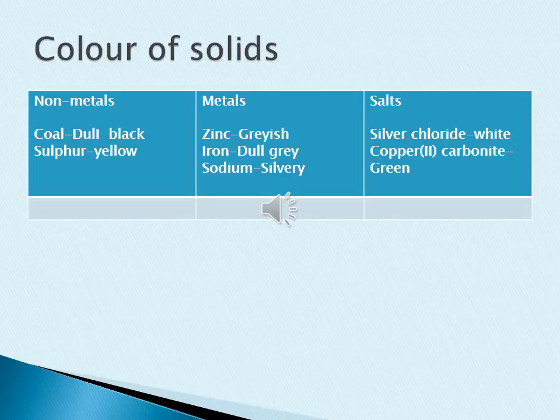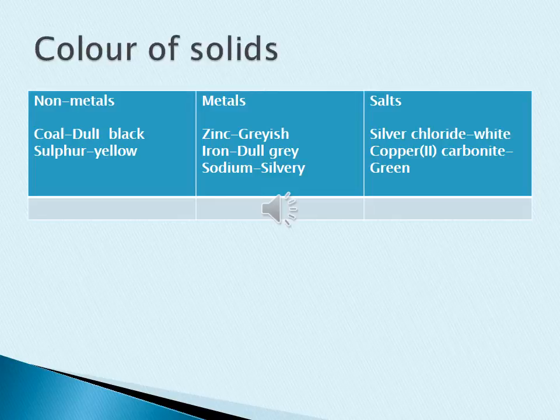Then they are good conductors of heat. Not only heat, they are also good conductors of electricity. They conduct heat and they conduct electricity. That's why they are good conductors of heat and good conductors of electricity.